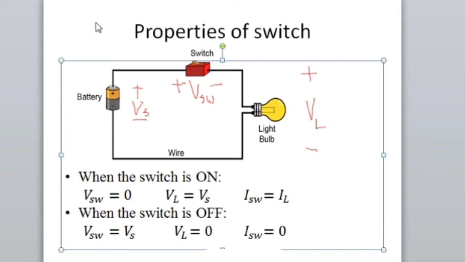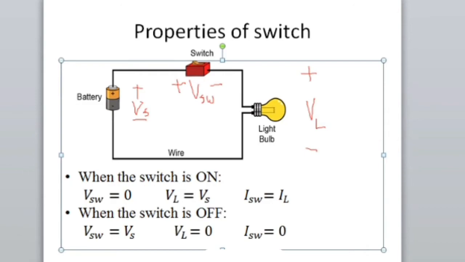And if you see that, what is the load current? Load current or the switch current? What is the current passing through the switch or the bulb? Zero. When the switch is in off condition, switch voltage is equal to Vs. I highlighted it.